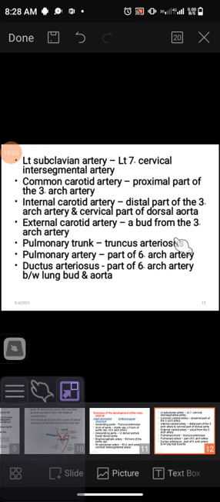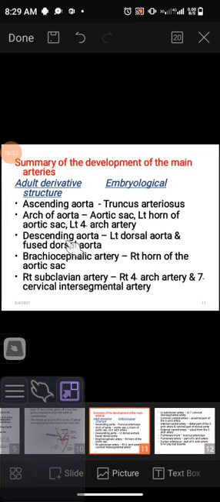Remember, the sixth arch artery is going to open dorsally to the pulmonary trunk. The pulmonary artery is coming from the sixth arch artery, going to open to the pulmonary trunk, whereas the other arteries will open into the ascending aorta.